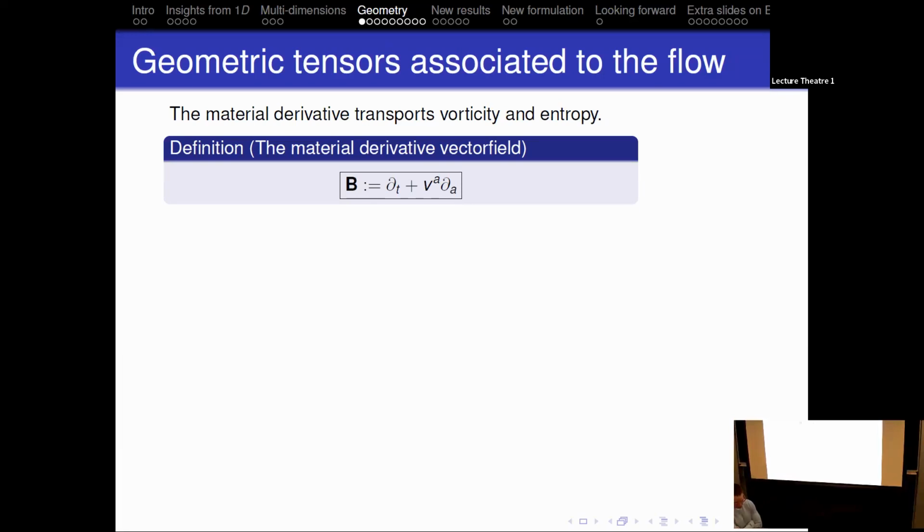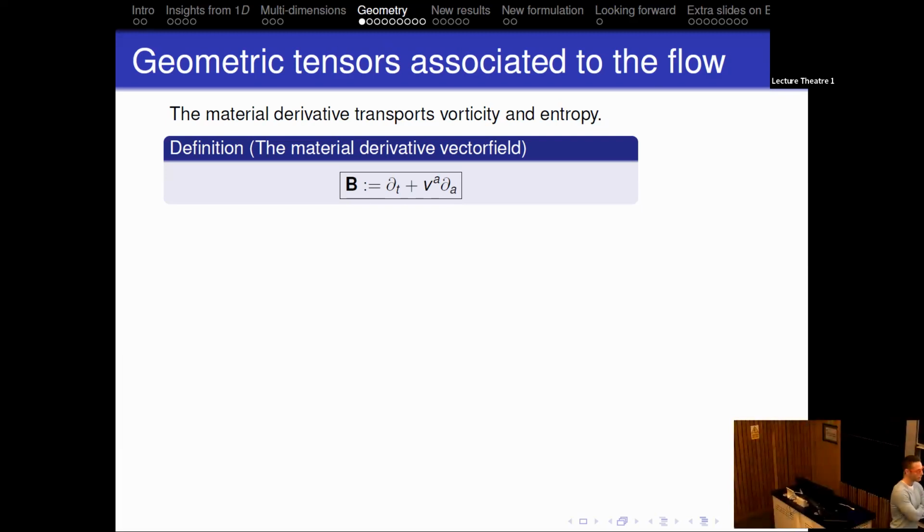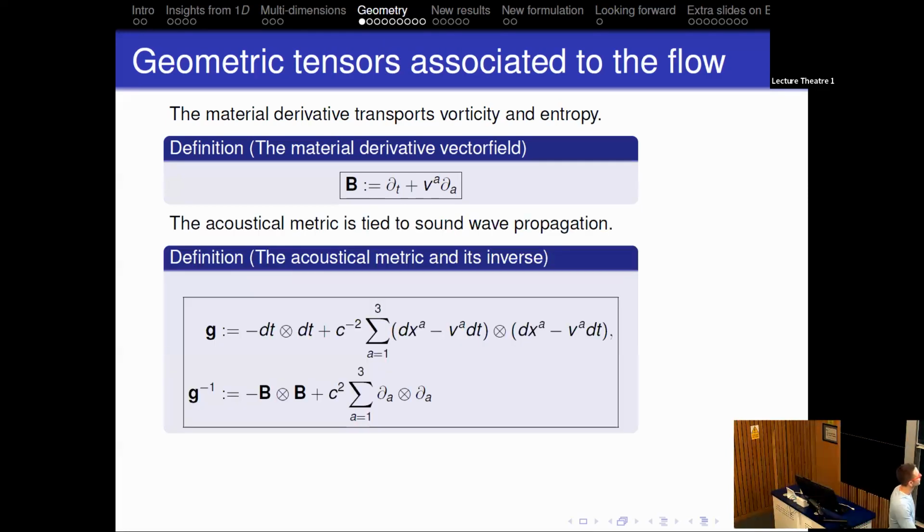So let me introduce some basic geometric notions in compressible fluid mechanics. This material derivative vector field B appears all over the place. It's the convective derivative. Another geometric object that plays a fundamental role is the acoustical metric, which you can explicitly write here.